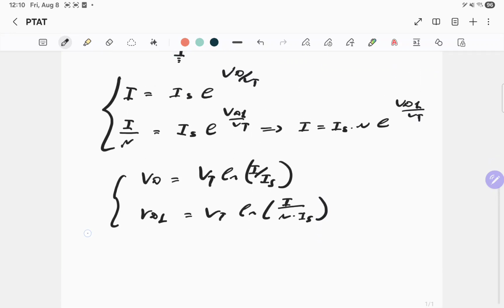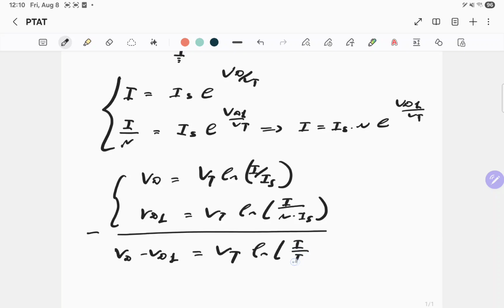Now we take a difference of Vd and Vd1, and we obtain that when we subtract two logarithms, we can instead just consider just the division of the arguments. So we will have logarithm I divided on Is, divided on this argument, which is just the same as to multiply with the reverse of this.